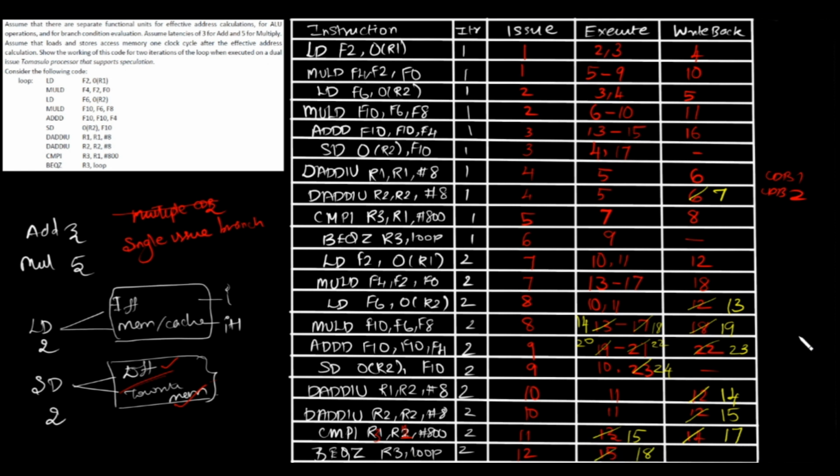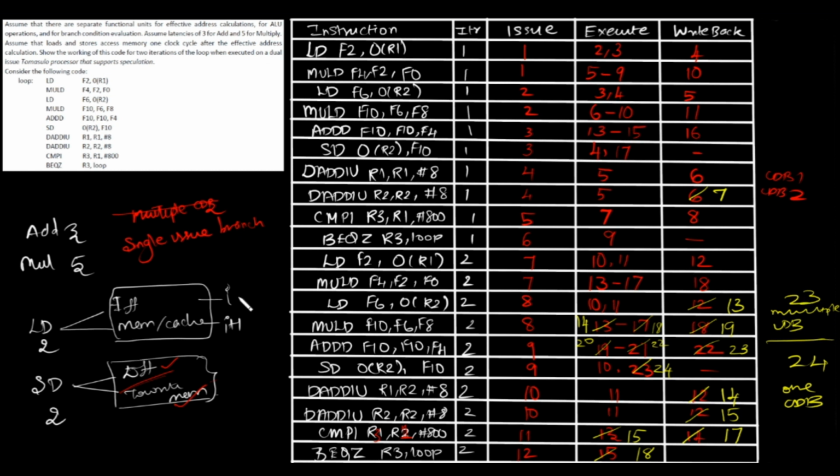So with only one CDB we had 24 clock cycles, and if we had multiple CDBs we would have completed by 23 clock cycles. So having multiple CDBs doesn't affect us much in this example, but in some cases it could give faster performance.